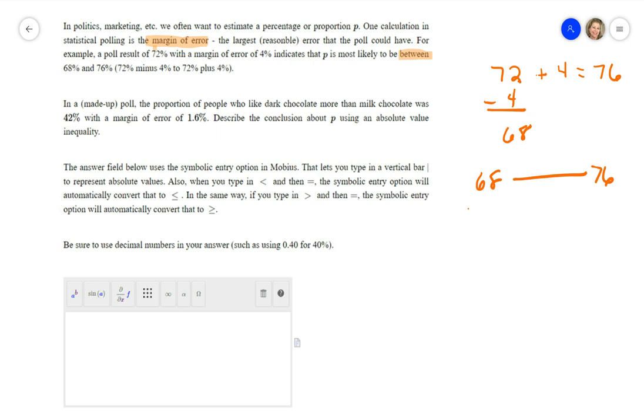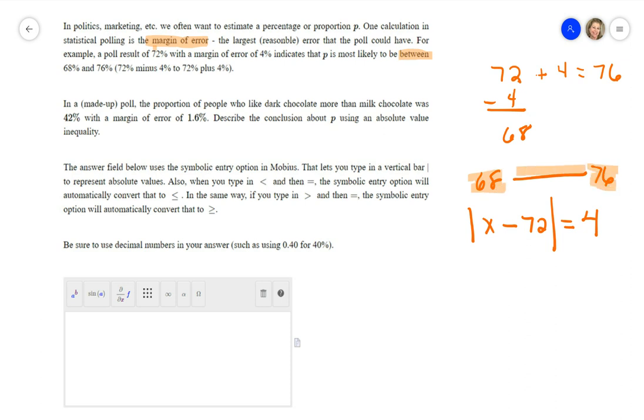But this equation would simply be x minus the 72, and then you're definitely going to have your 4 over here. But if you put an equal sign on it, it would give you only 68 and 76.